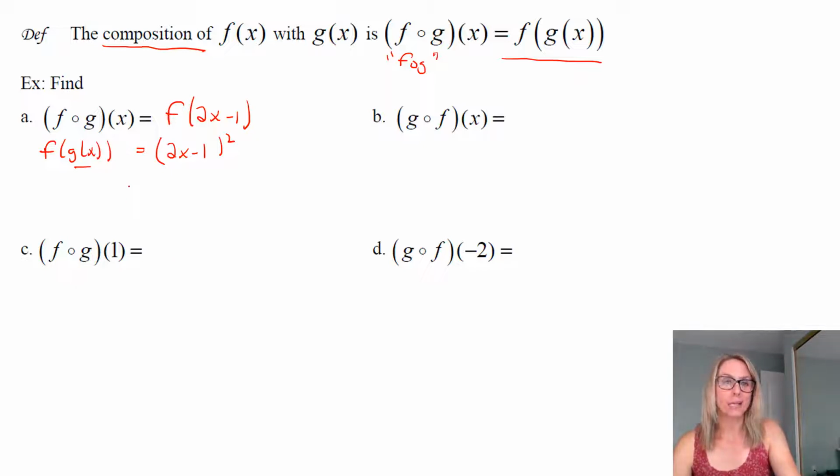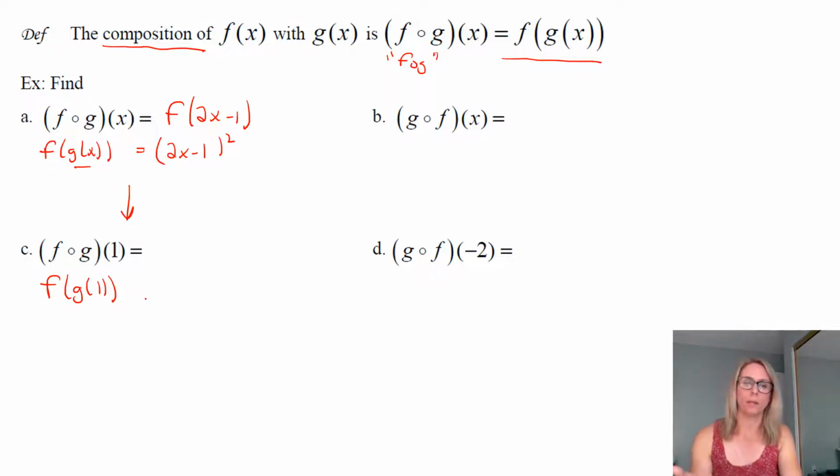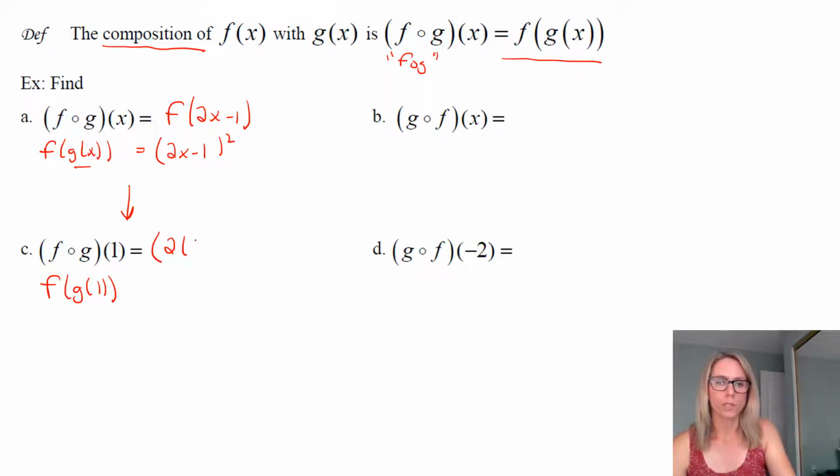Now, I'm going to go straight to C. I'm going to mix it up. I'm going to go rogue here in my notes, and I'm going to do C next because this is f of g of 1, and that simply means you take what we've already done, which is f of g of x, and then you just evaluate it at the value 1. So we already have what we need. We're just going to replace the x with 1.